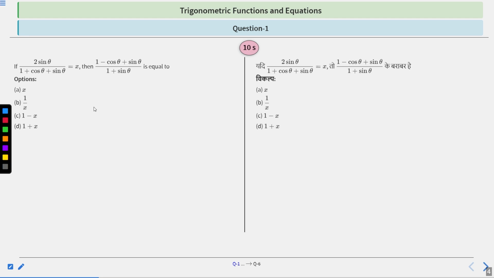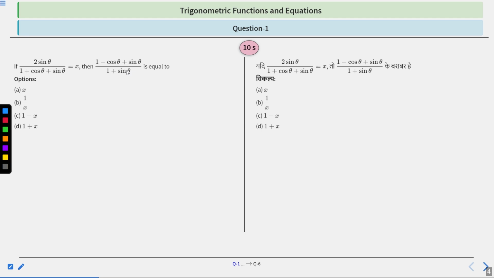So after multiplication and simplification, you will reach the given expression, right? Clear? And after that, you can conclude the value of this expression. So in this way, you can try to approach this question.